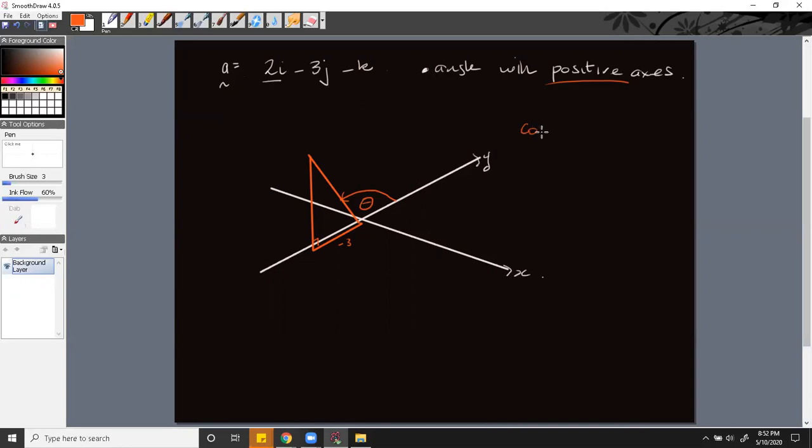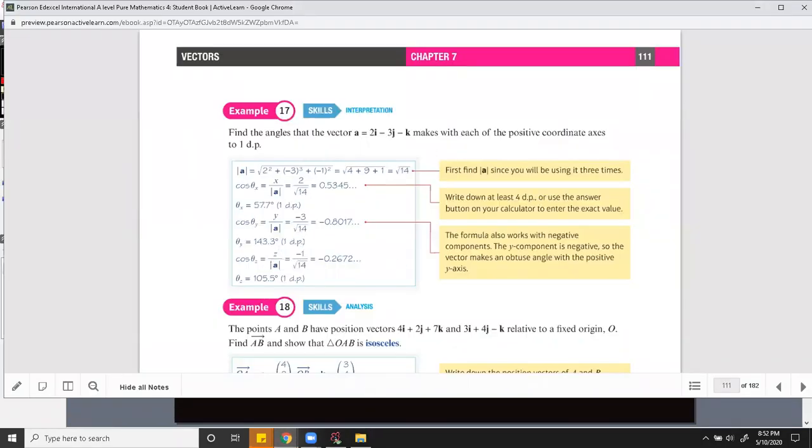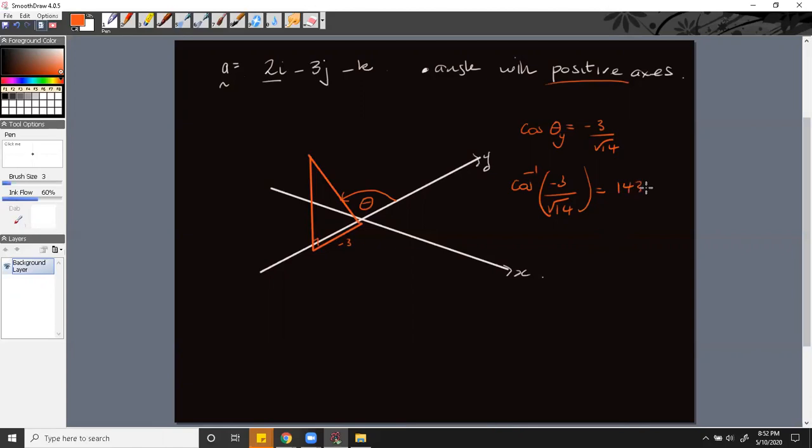So this time, the cos of theta y is going to be minus 3 over the square root of 14. So cos to the minus 1 of minus 3 over the square root of 14 gives theta, and theta is 143.3. So slightly different approach here, because you're not wanting this angle, as that is not the angle made with the positive axis. You're wanting this one here.